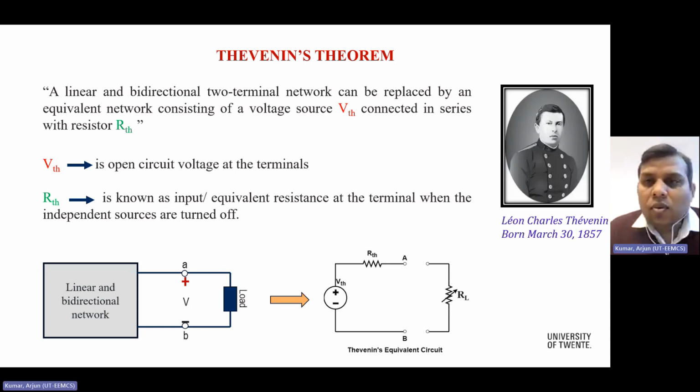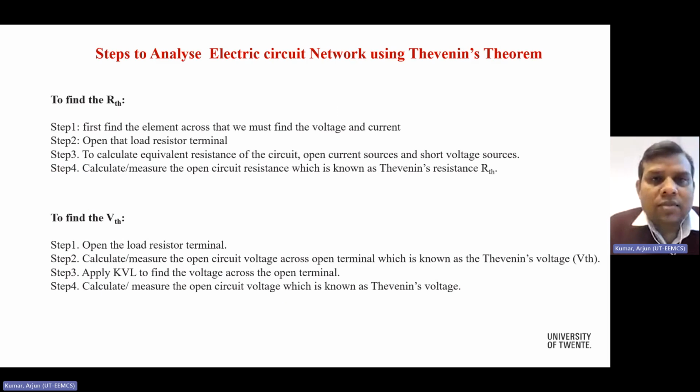All right. So what are the steps we have to follow to simplify the circuit to find the voltage and current in a particular element? First we find RTH, the Thevenin resistance. In step one, we see which element we have to find the voltage and current for, and make it open.